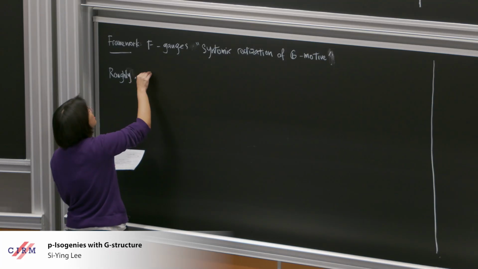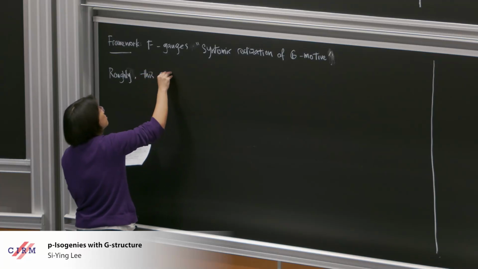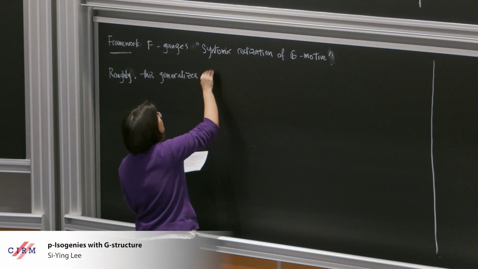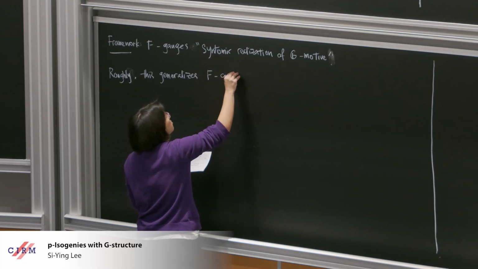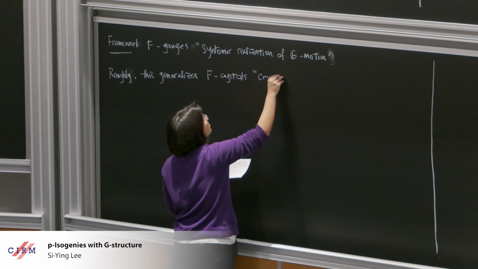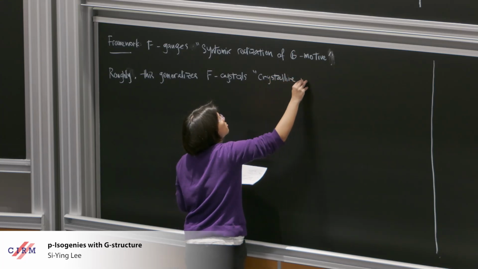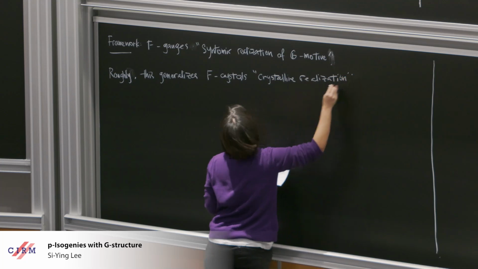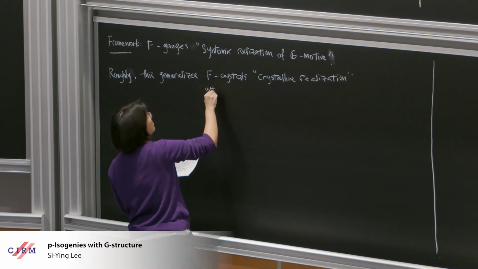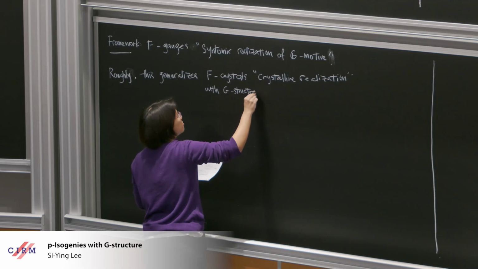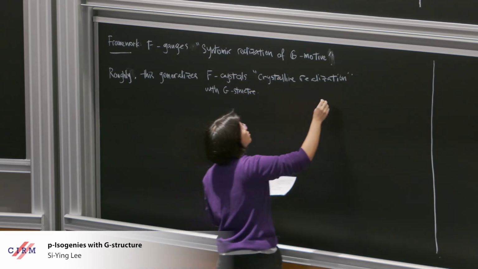So let me just say roughly this generalizes F-crystals, the crystalline realizations, F-crystals with G-structure, that you see in characteristic p.